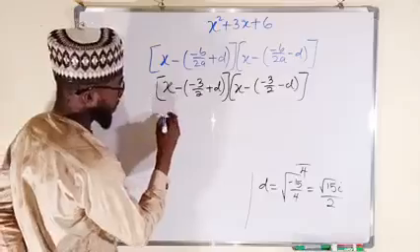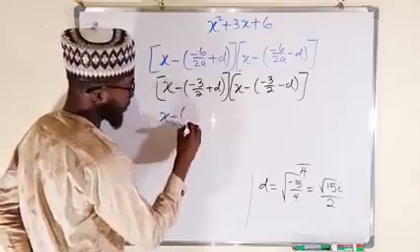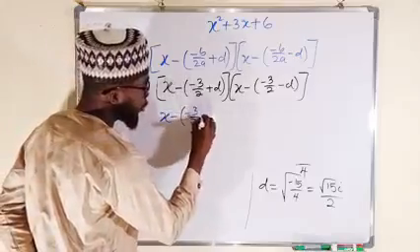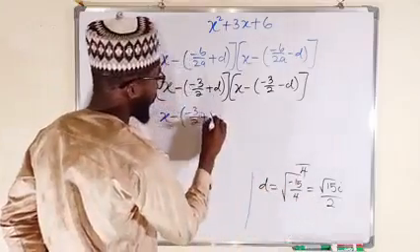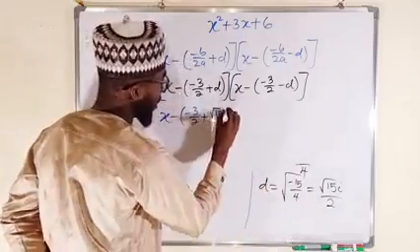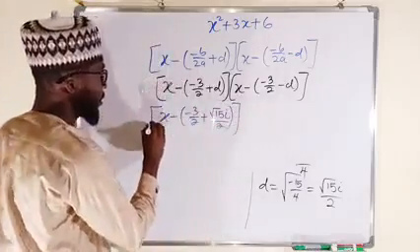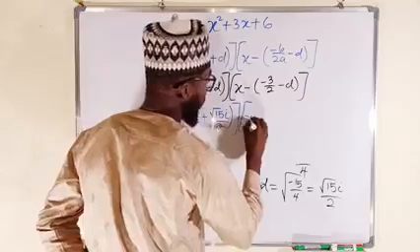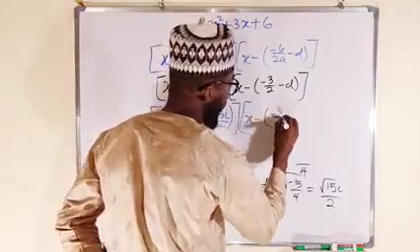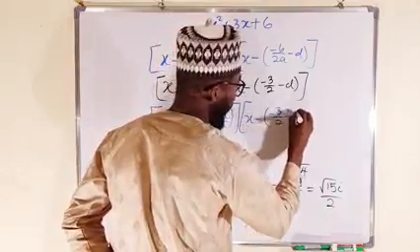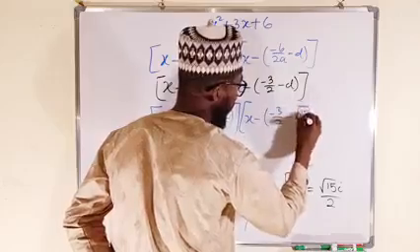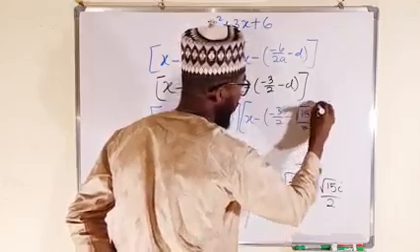So this is x minus 3 divided by 2 plus root 15i divided by 2. Then the other one, x minus 3 divided by 2, the minus root 15i divided by 2.